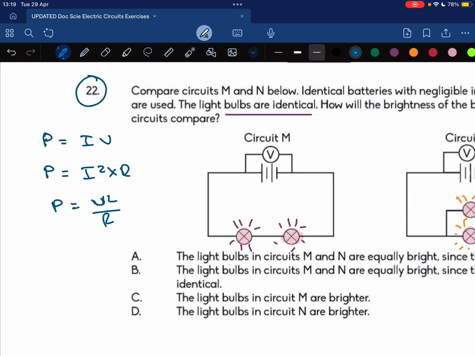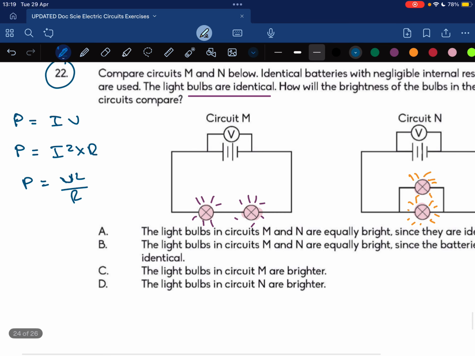Now, if I compare these circuits, what is changing is that the voltage stays the same. So voltage is not changing at all.